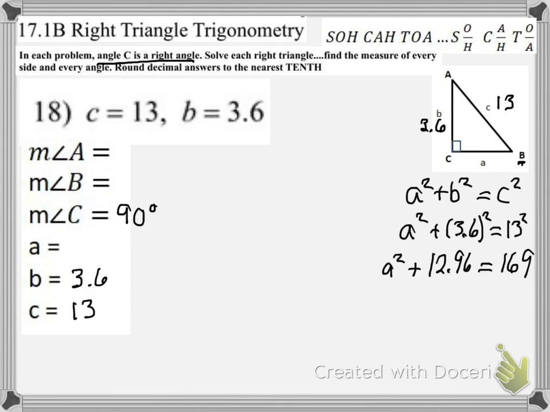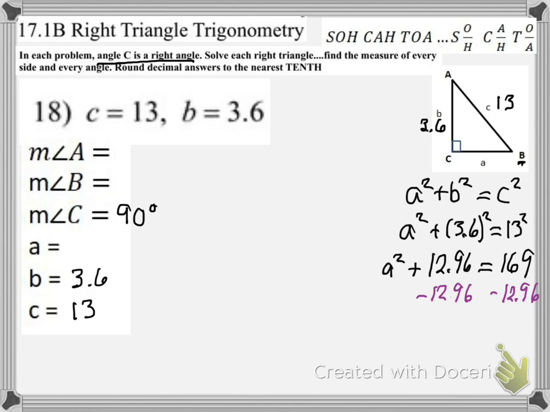I need the a squared alone, so I'm going to subtract 12.96 from both sides, which gives me 156.04.